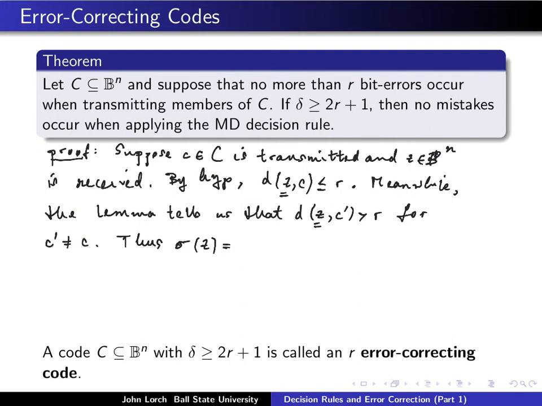Well, we're going to look for a code word that is as close as possible to z, and there's only one that is as close as possible, and that's this code word c. All other code words are further away than c is. And c is exactly the code word that we started with. So no mistakes are made.